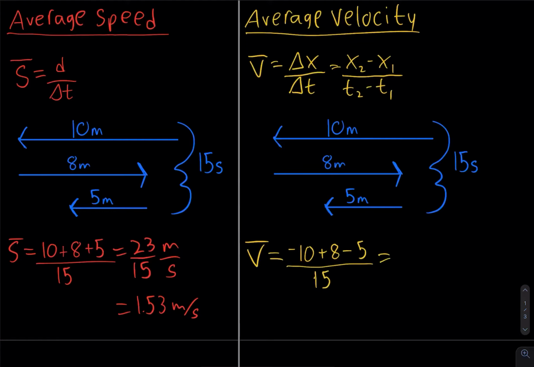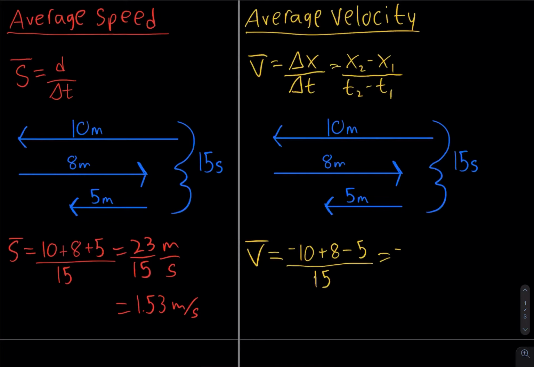So what does this give us? Negative 10 plus 8 gives us negative 2. Negative 2 minus 5 gives us negative 7, and then divided by 15. So negative 7 over 15 meters per second, and that is roughly 0.47 meters a second, and we can't forget our negative sign.